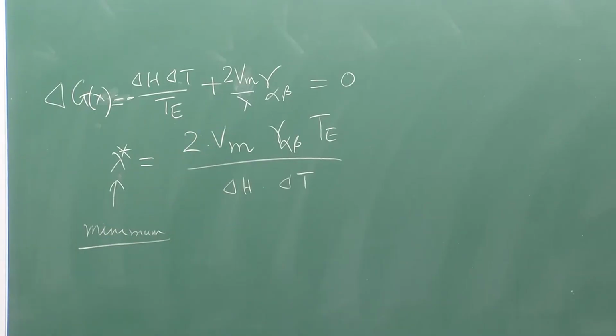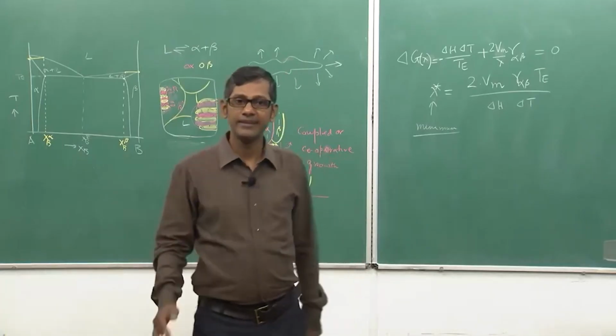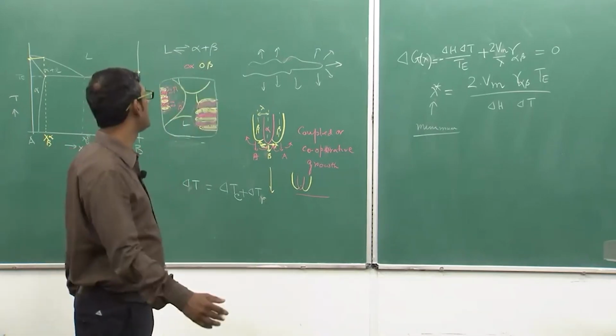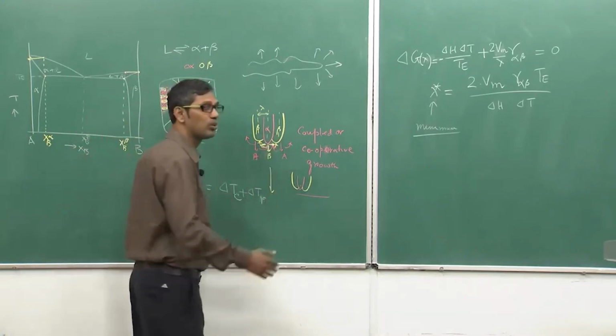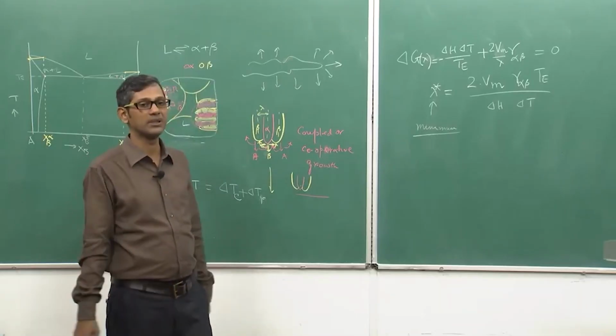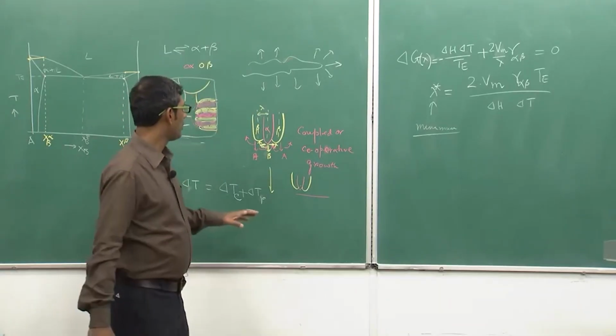Now it is very simple actually mathematically. So that means the whole energy which was available to the system has been spent on creating the interface between alpha and beta. That will never happen in the actual sense, because in that case eutectic has no energy available for it to grow. So lambda will always be higher than lambda star. That is very simple. Okay, so we will stop here.